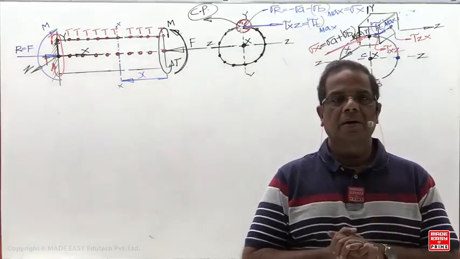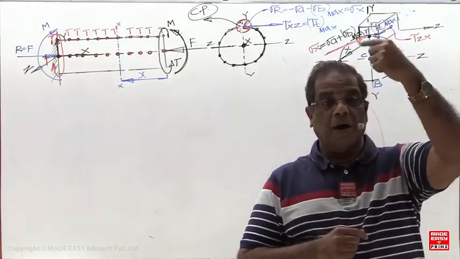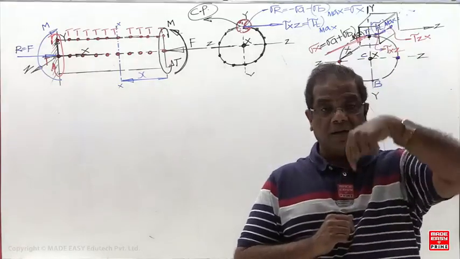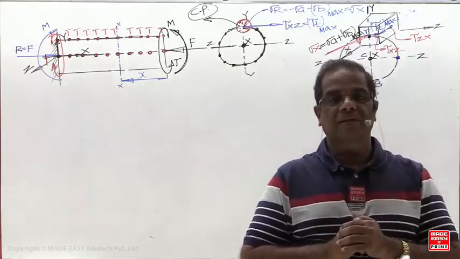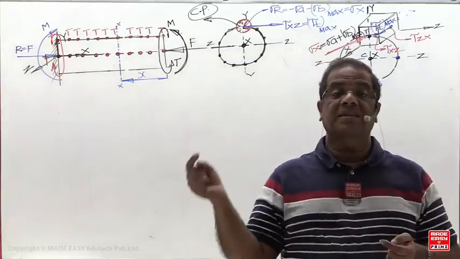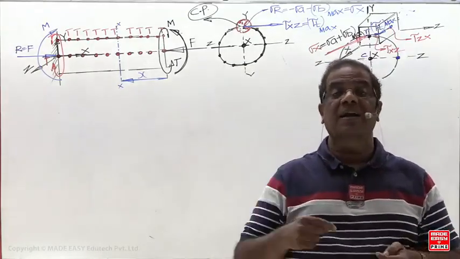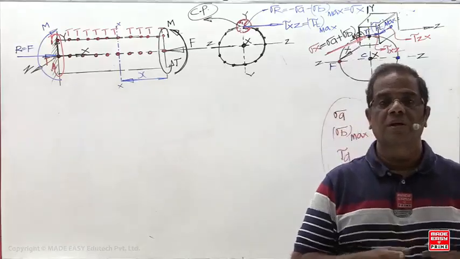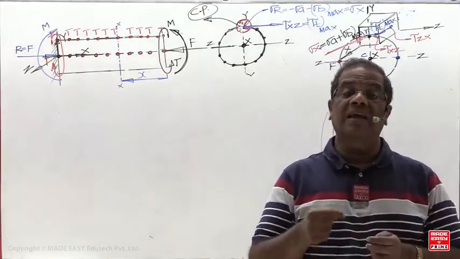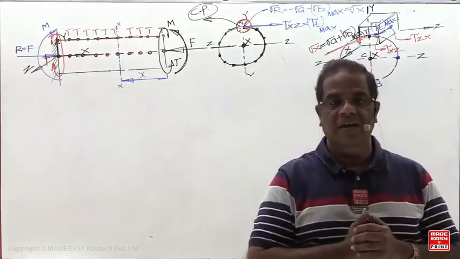Extreme top or bottom are critical points when bending is acting alone. This statement is incorrect. But the statement is correct when both axial load and bending are acting simultaneously.